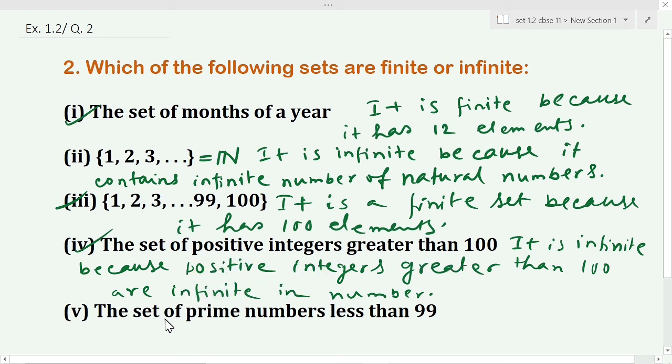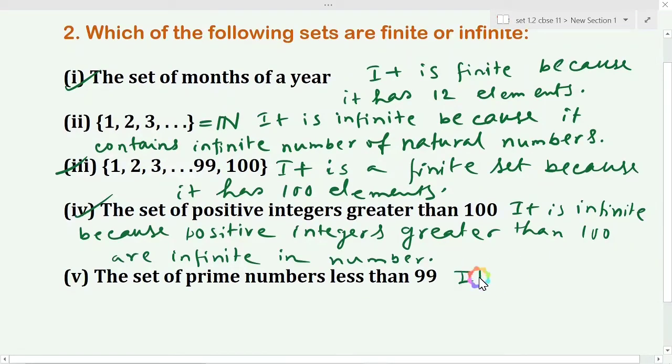Now the set of prime numbers less than 99. So it is finite because we can count them.